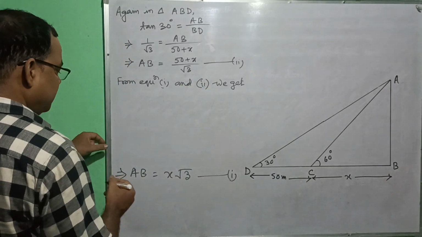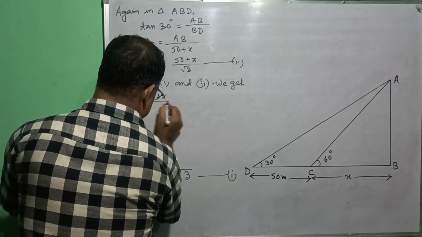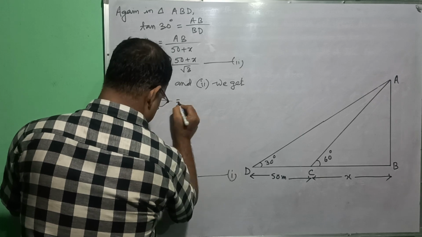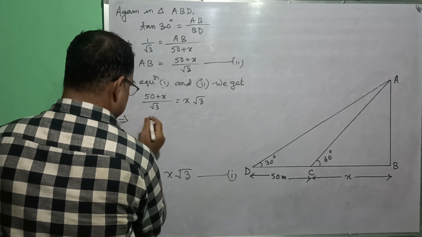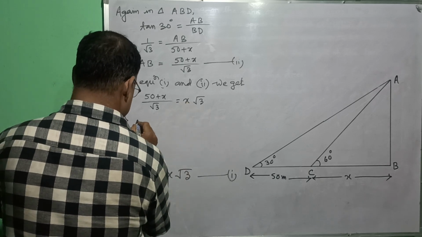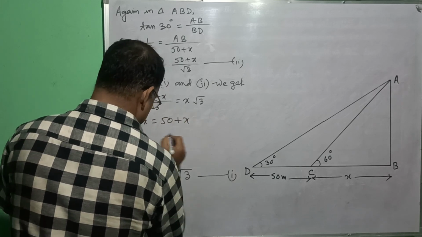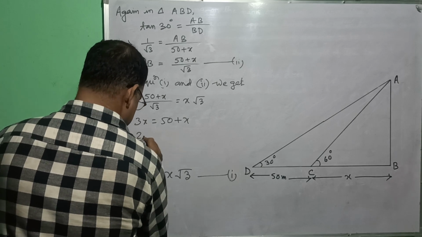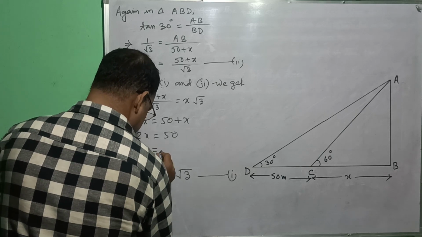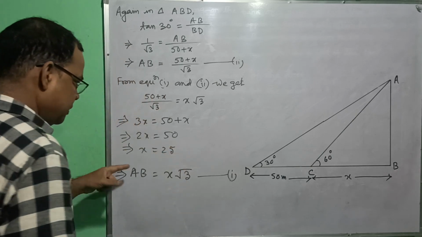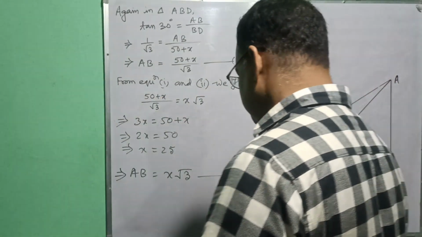So we can compare: 50 plus x divided by root 3 equals x root 3. Cross multiplication we will do. So here it is 3x equals 50 plus x. This implies 2x equals 50. This implies x equals 25. So we find the width of the river as 25 meters.